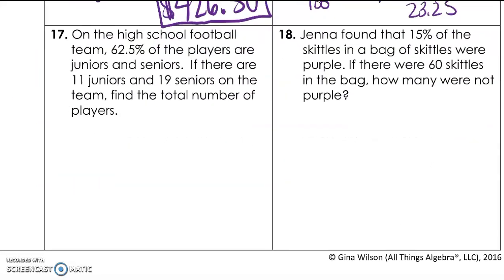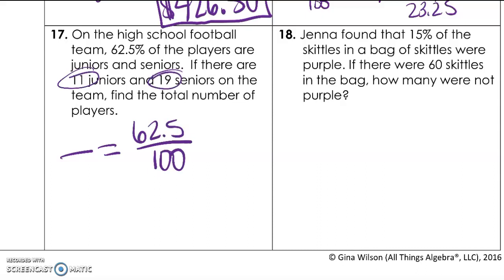For 17, on the high school football team, 62.5% of the players are juniors and seniors. There are 11 juniors and 19 seniors. So now we have two numbers with juniors and seniors plus the percent. So I'm going to start with the percent, 62.5 out of 100. Now, you do not do these two separately. We need to find the total number of players, so that goes down here. 11 plus 19 is 30.